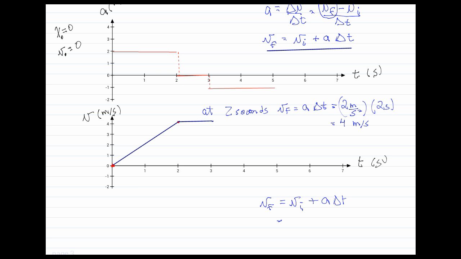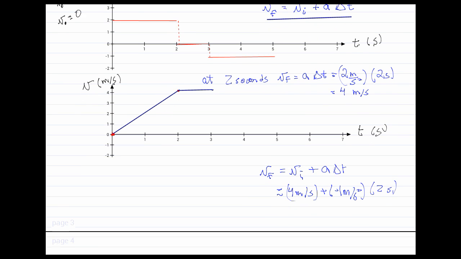Now our initial velocity is 4 meters per second. Our acceleration in this case is minus 1 meter per second squared. And our time interval is 2 seconds.